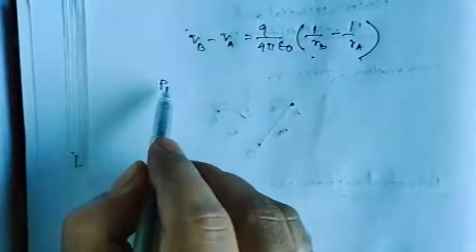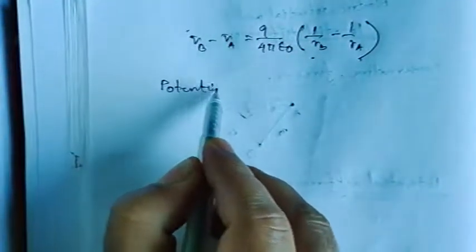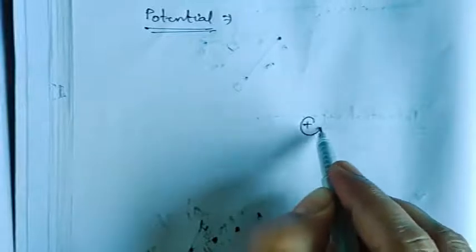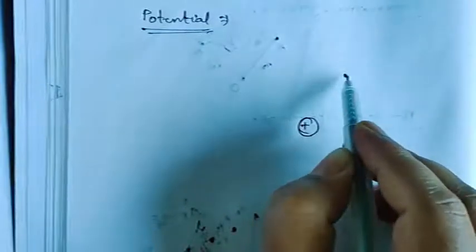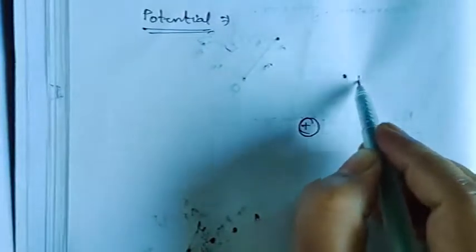Okay, now let's come to the point of potential. What does this mean? Potential. Let us assume this is a positive charge and we want to find out potential at this point P. Then what will be the definition?